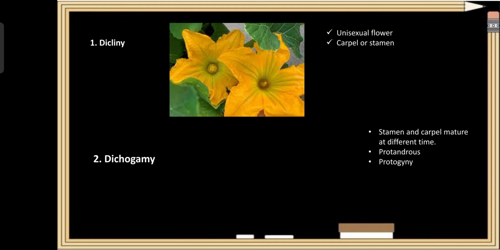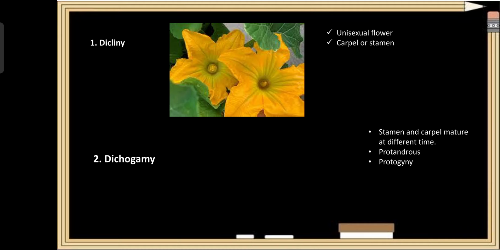So I'll repeat once again. There are 2 kinds of dichogamy, protandrous and protogyny. So what is protandrous? Here the stamens mature first and the condition is said to be protandrous. If the carpel matures first, the condition is said to be protogyny.